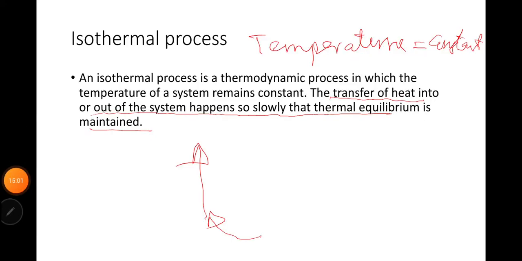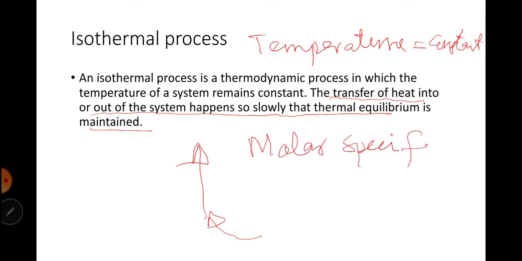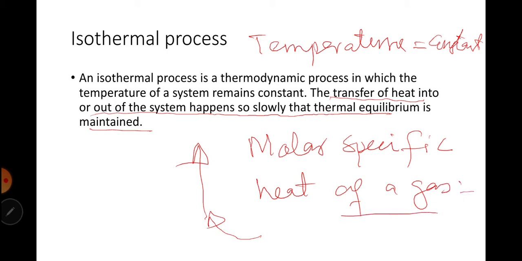Now, I will explain molar specific heat of a gas. Specific heat of a body is defined as the quantity of heat required to raise the temperature of 1 kilogram of substance through 1 Kelvin.